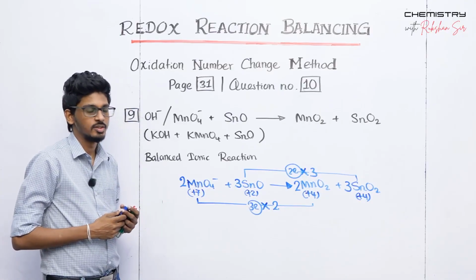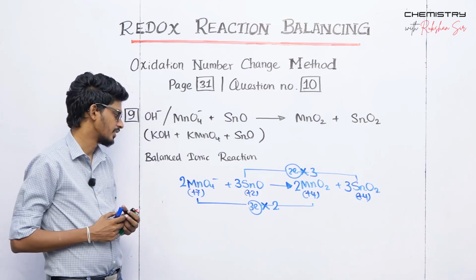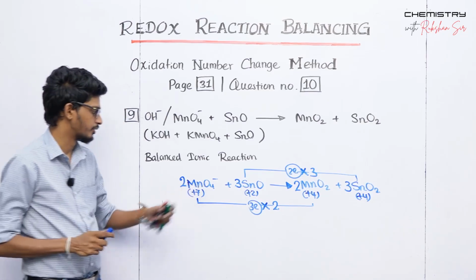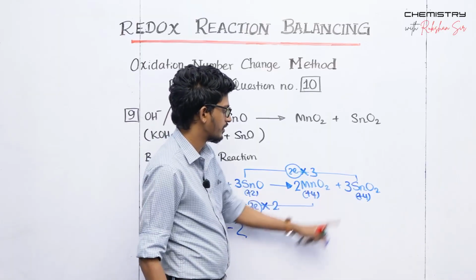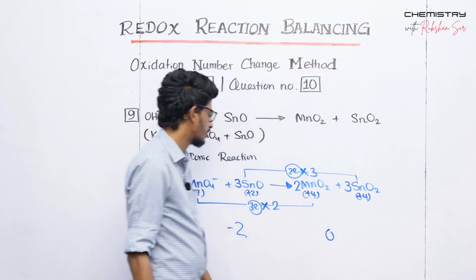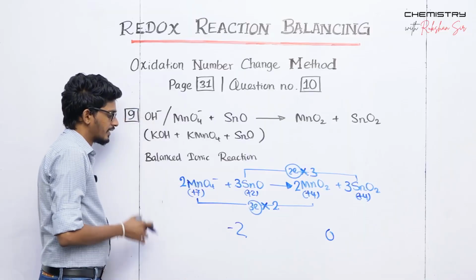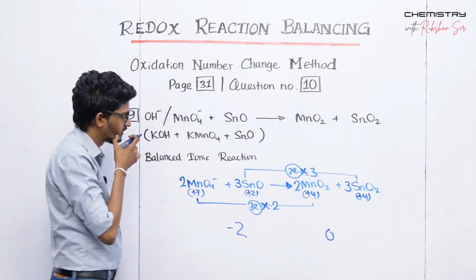Then the next one is to balance the net charge of both sides. Here the minus 2 is the net charge at this side, so 0, right? So 2 units of difference, so you need to come up with some OH minuses here, right?